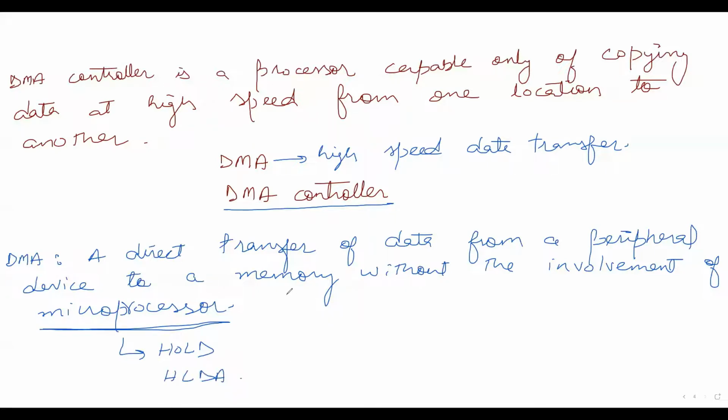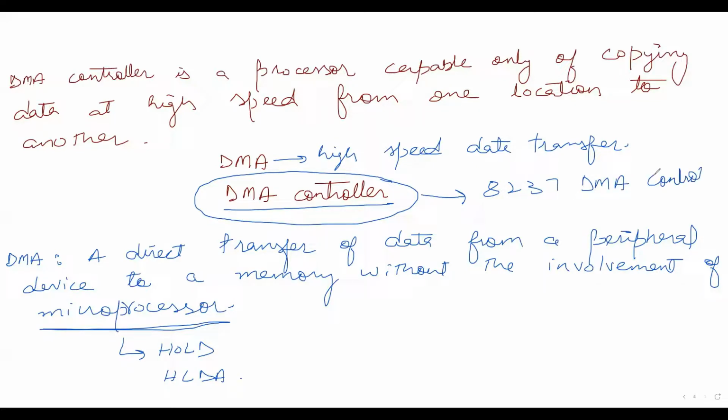Okay, fine. Now, our discussion in this lecture will be about one DMA controller. There are multiple DMA controllers available, but we will study one controller that can be integrated with microprocessor 8085 to achieve DMA operations. One such controller is Intel's 8237 DMA controller.